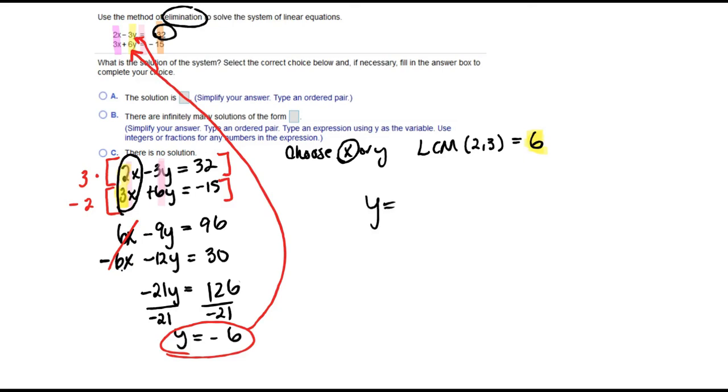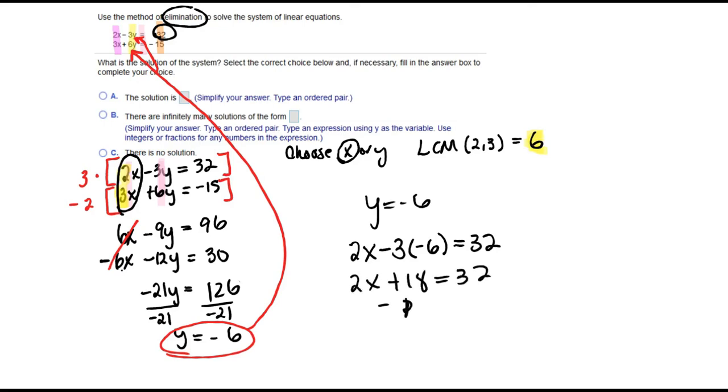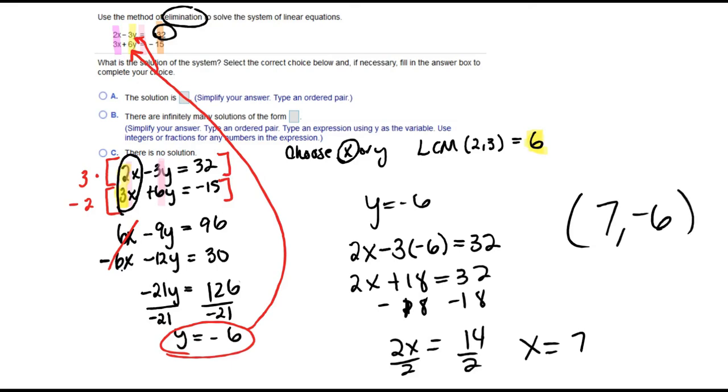So we have y equals negative 6, 2x minus 3 times y equals 32, 2x plus 18 equals 32, subtract 18 on both sides, gives me 2x equals 14, divide by 2 and get x equals 7. So our solution is 7, negative 6.